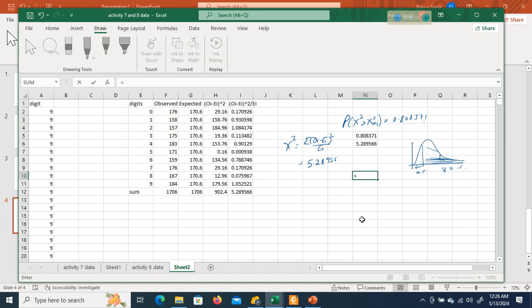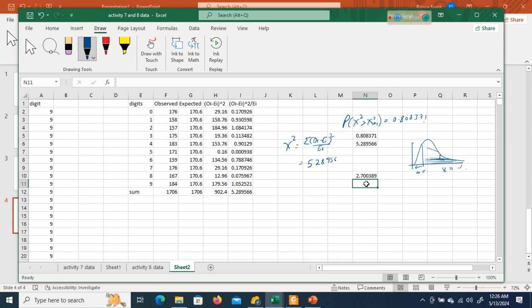And if we want to check the tabulated value, then we can use the command chi inverse right tail. For example, I write 0.975, and here I use 9 degrees of freedom, and it will give us the left limit.